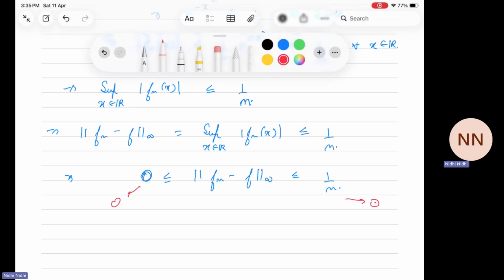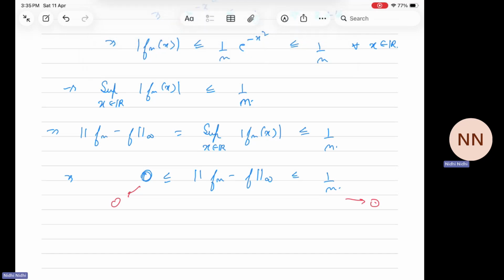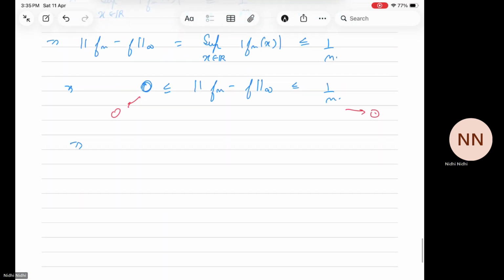Then by the sandwich theorem, whatever name you prefer, sandwich or squeeze theorem, we get the sup norm of fn minus f goes to 0 as n tends to infinity.